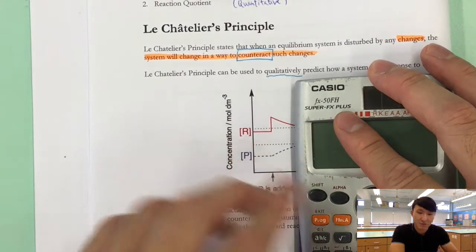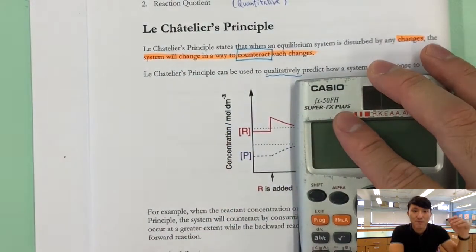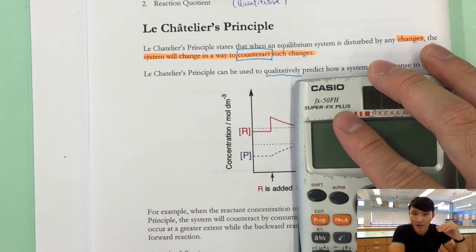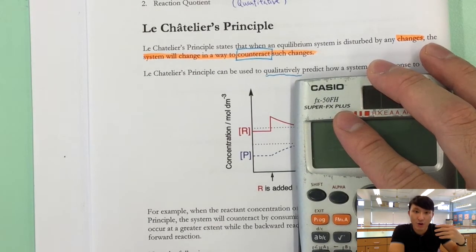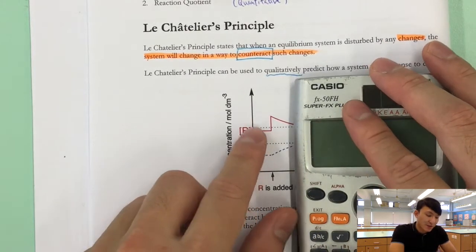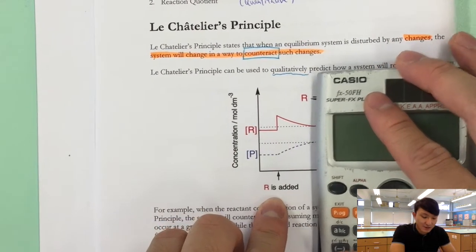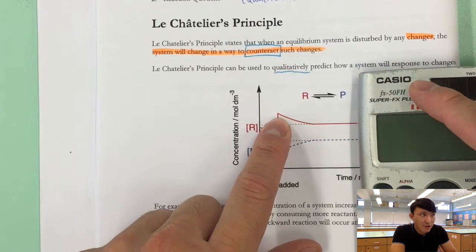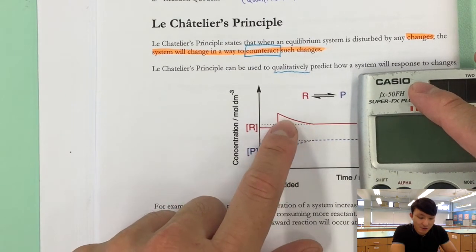So the system will change in a way to perform more forward reaction, or the forward reaction occurs faster. So you see, after the R is added, the concentration of R slowly decreases.